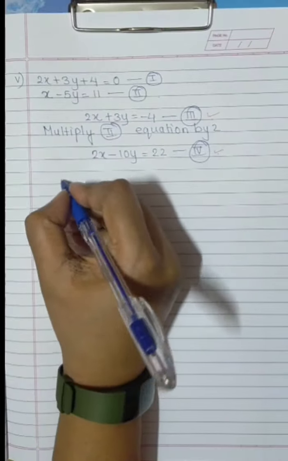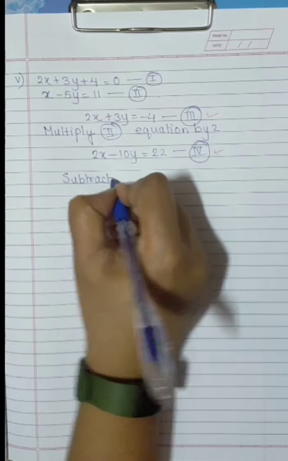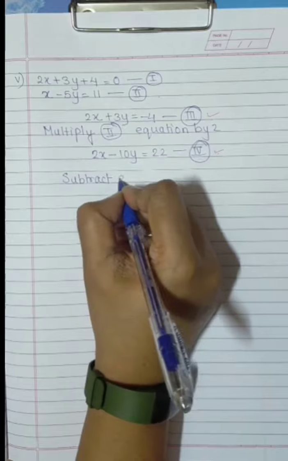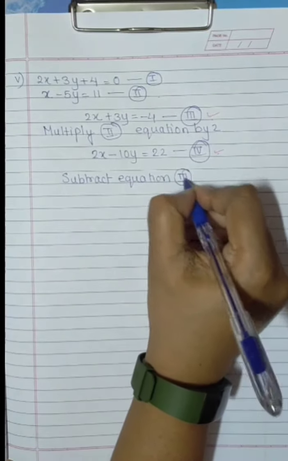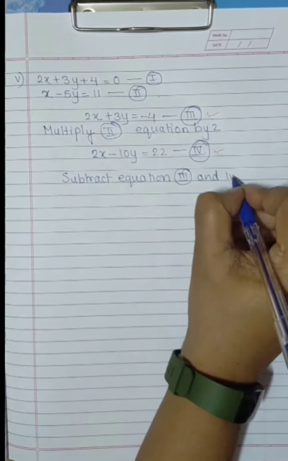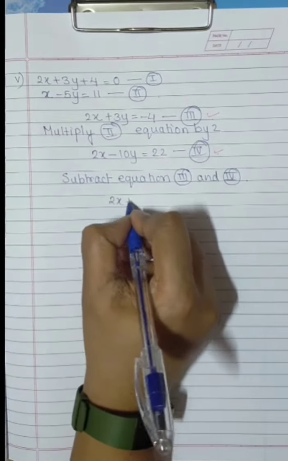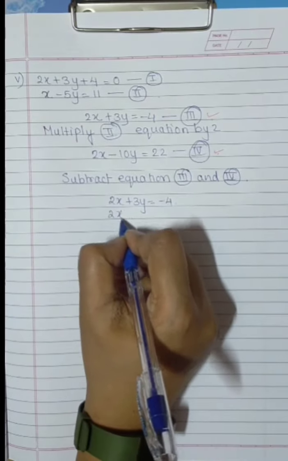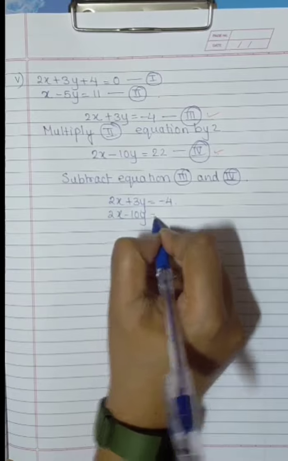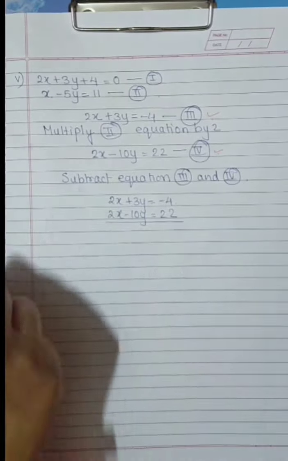So I am writing here, subtract equation third and fourth. Now 2x plus 3y equal to minus 4, 2x minus 10y equal to 22. Now we are going to subtract.